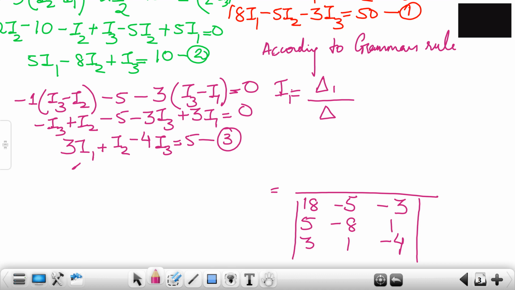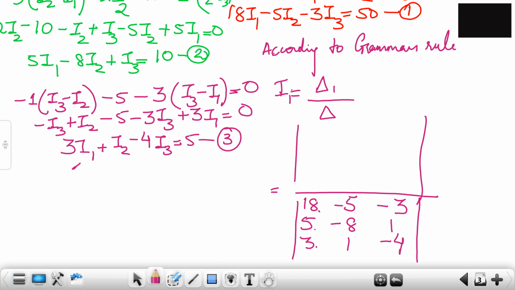This is your delta, like how we find the determinant. Now since we want to find the value of I1, wherever I1 is there, you replace it. See here, this is I1, 18, 5, 3.